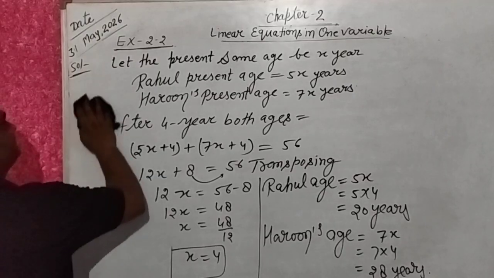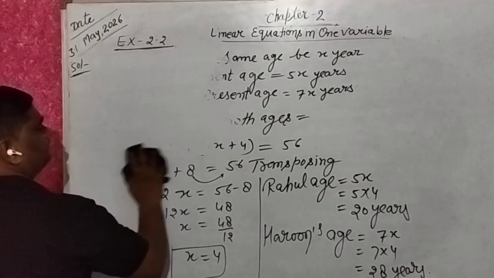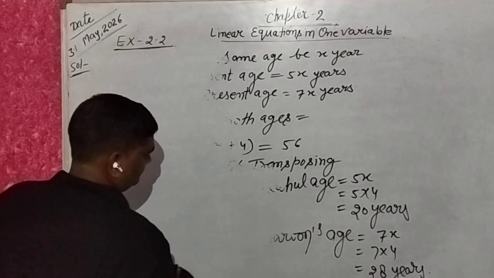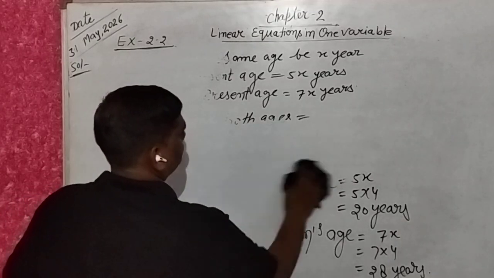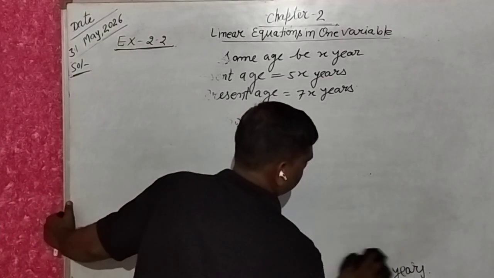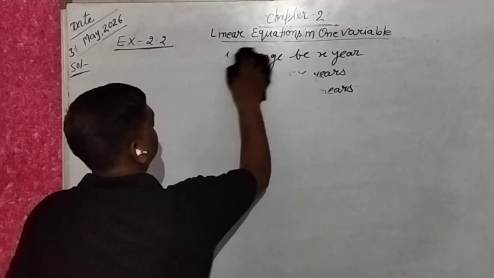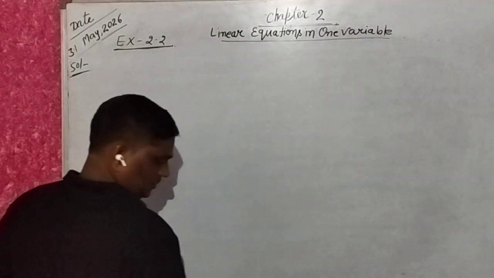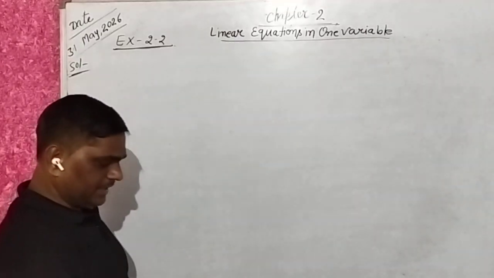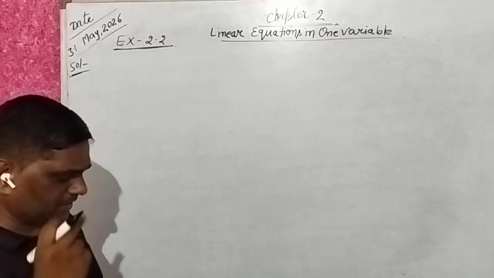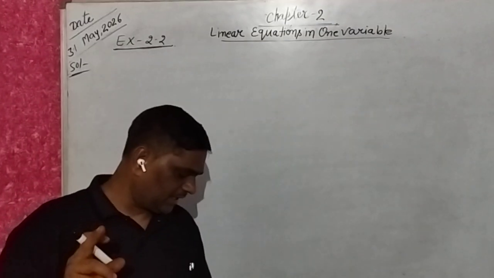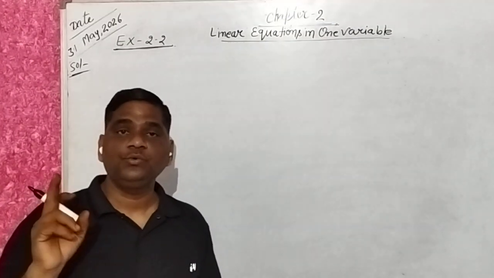Question number 10. The number of boys and girls in a class are in the ratio 7:5.